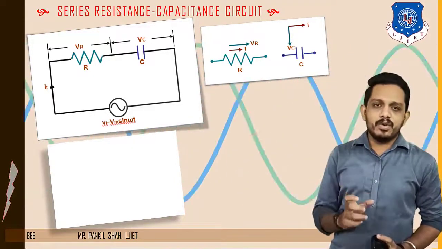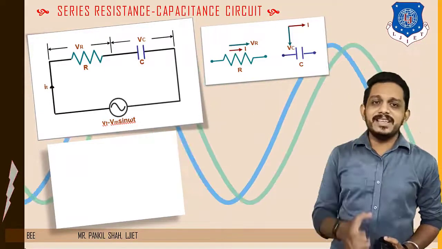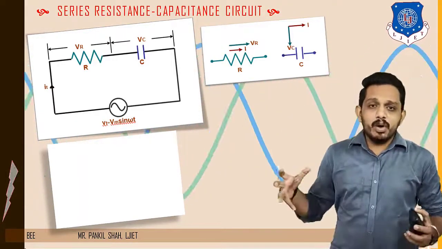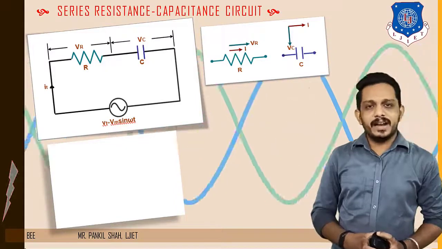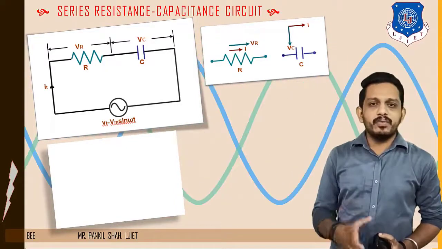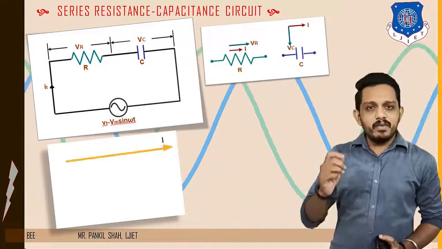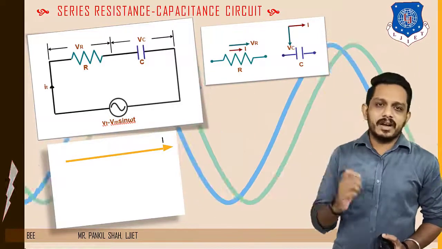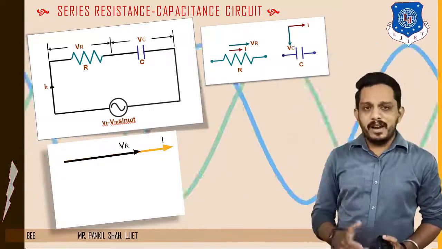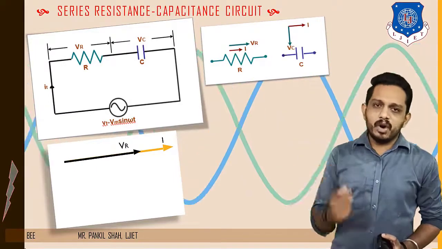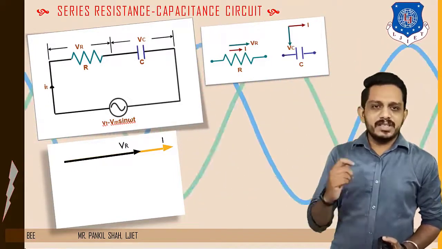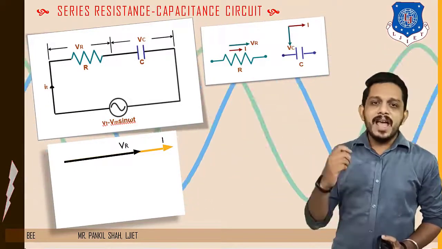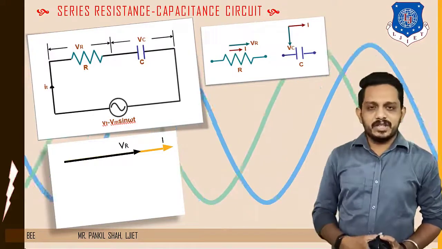Now, we want to draw the phasor diagram of this series RC circuit, so we have to combine these two phasor diagrams. First we draw the reference current. On that reference, we draw the voltages: the voltage across the resistor and the voltage across the capacitor.